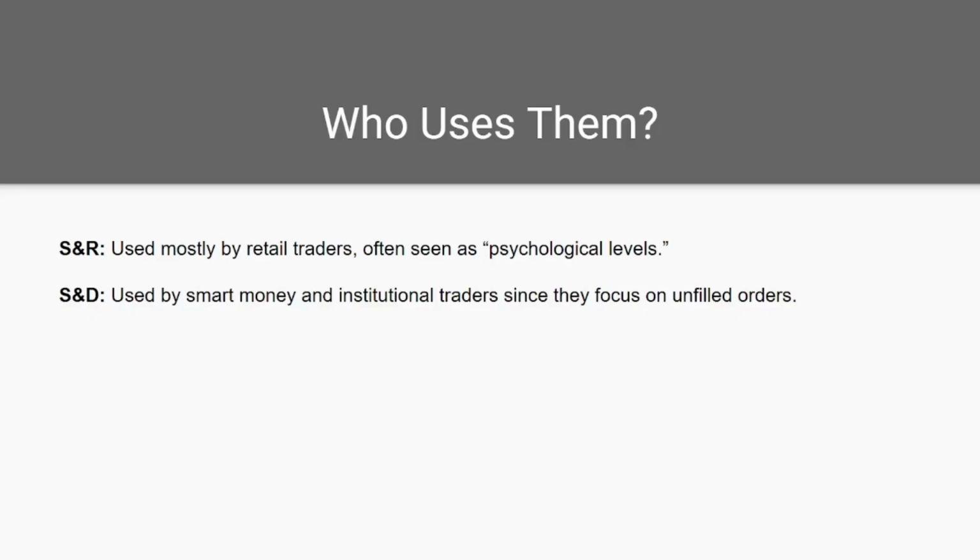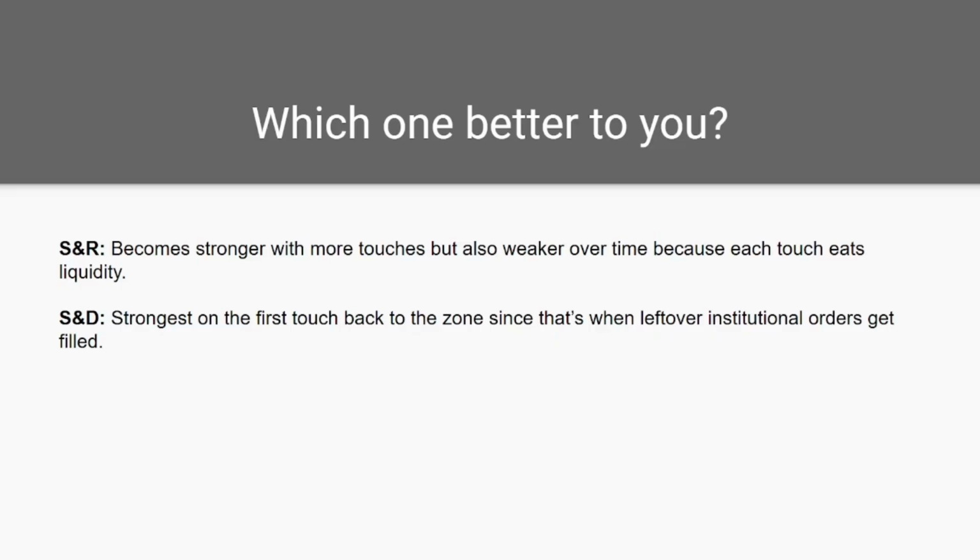So would you rather trust something that retail traders use as, quote unquote, psychological levels? Or would you want to trade with smart money, the institutional traders, the people that move the market, that focus on unfilled orders? I know I would. I would want to go supply and demand, but hey, to each his own. Which one is better to you? Please comment. I want to hear your guys' answers.